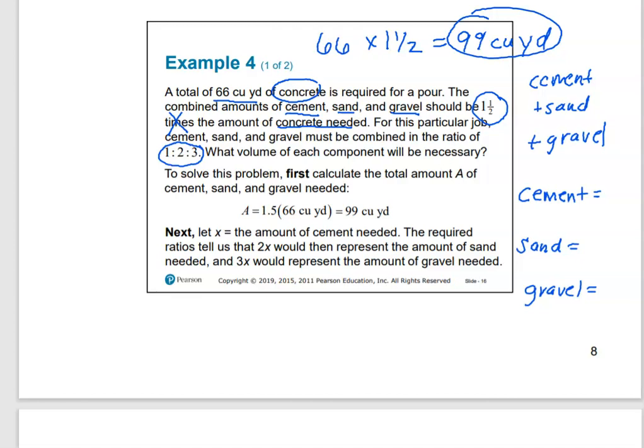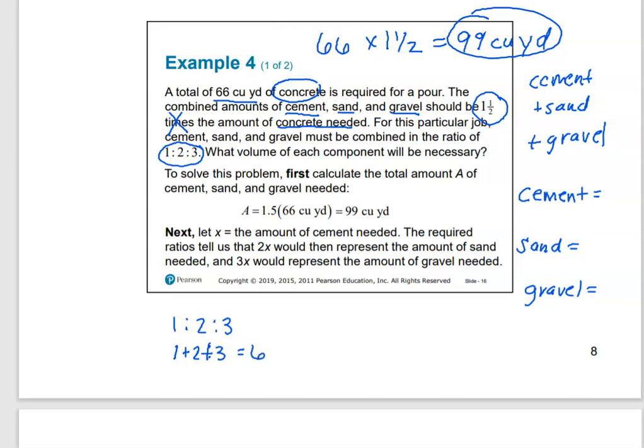Okay, so when you look at that, I would add 1 to 2 to 3. I could say, well, what total is that? 1 plus 2 plus 3 gives me 6.